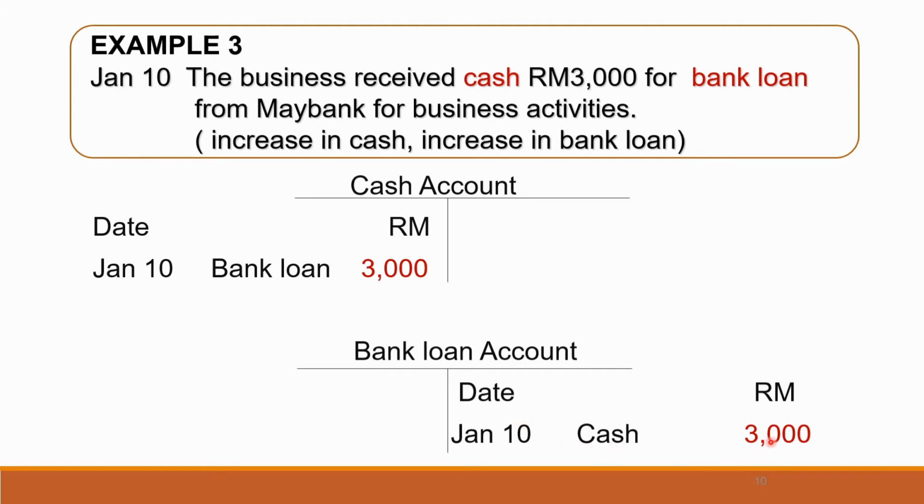The amount is 3,000. So you can see the debit side of cash account with the same amount and with the same date, and the details is the account that relates to the transaction. And the credit side, you have the same date and the same amount, and the account involved is cash account.